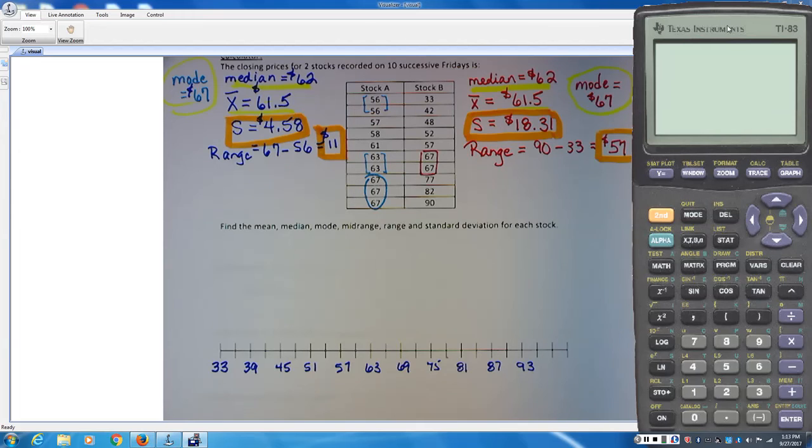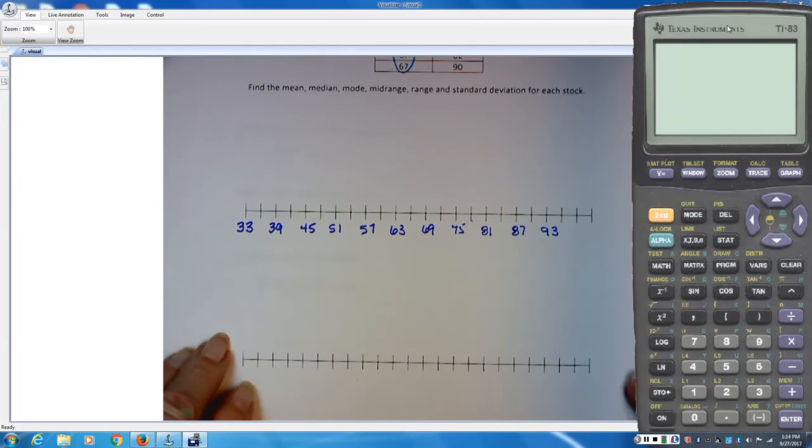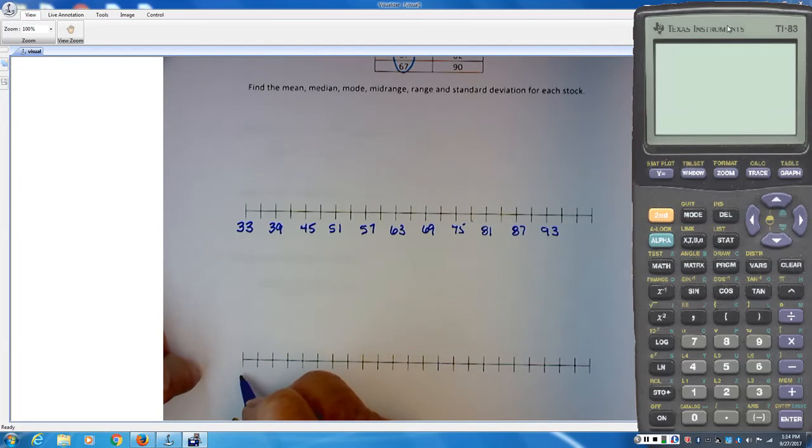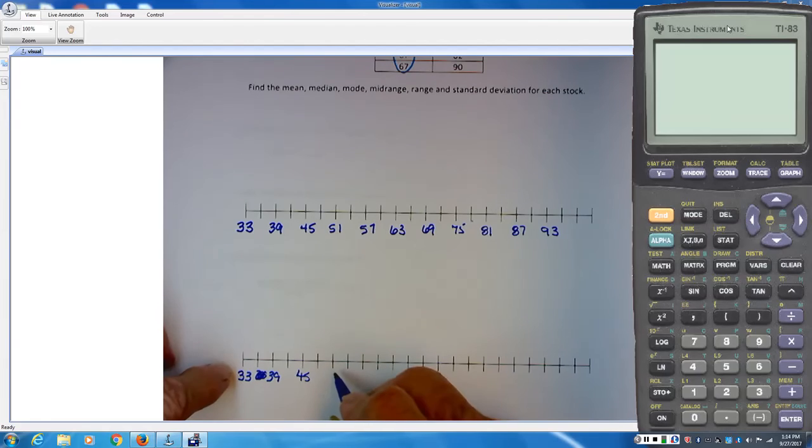Okay? Then I'm going to label the lower one the same way. I'm only labeling every other one, just so that I don't have to write so tiny.